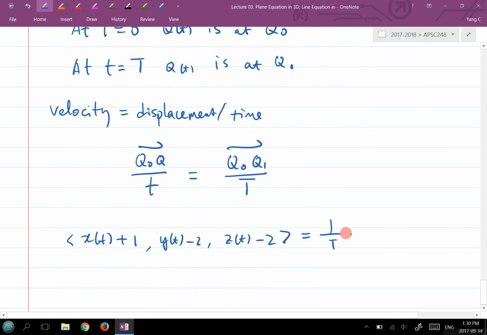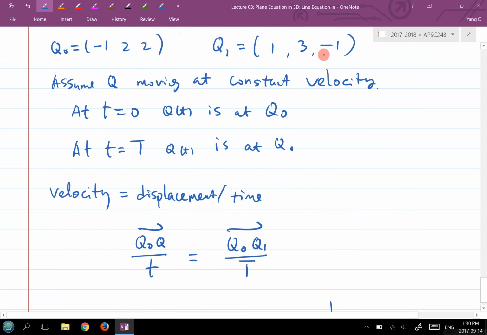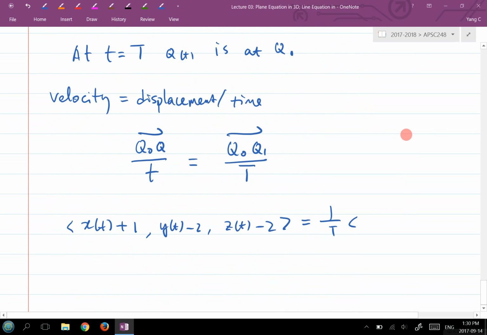And then Q naught Q1, you use the coordinate Q1 minus Q naught. So 1 minus -1 is 2, 3 minus 2 is 1, -1 minus 2 is -3. Okay, so that's what we're going to have after the substitution in here.